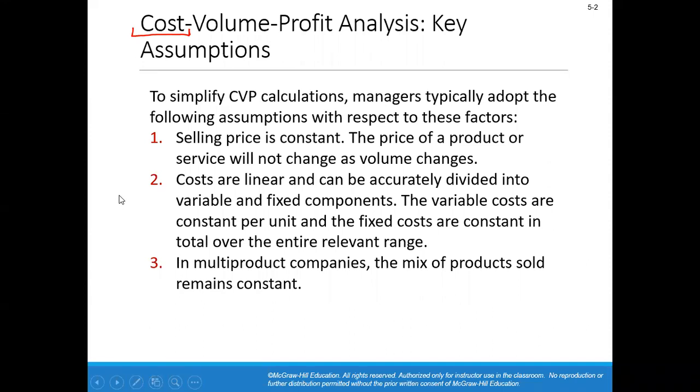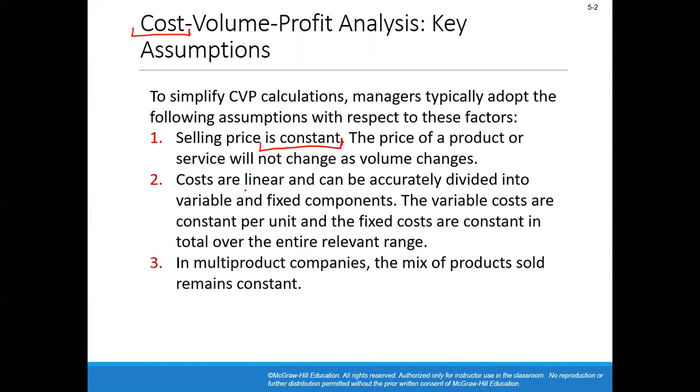Okay, so before proceeding with the CVP analysis, let me share some assumptions which will be useful to understand the discussion going further. The first assumption we need to make is that the selling price is constant. We cannot change the selling price when we are making the analysis of CVP.